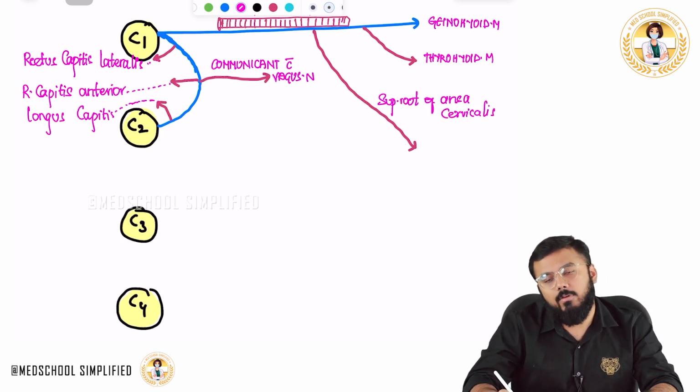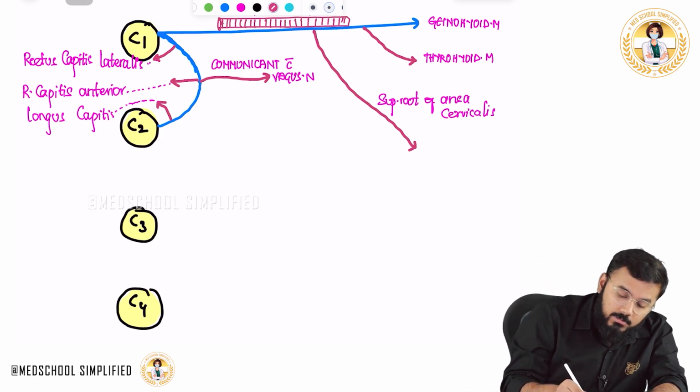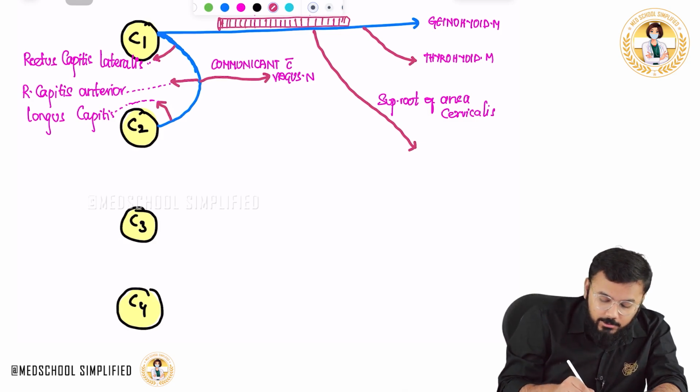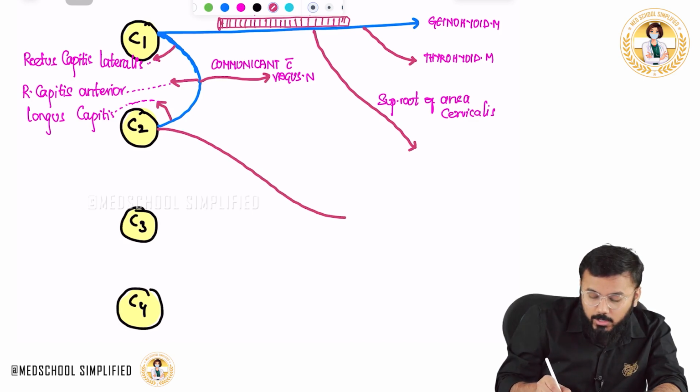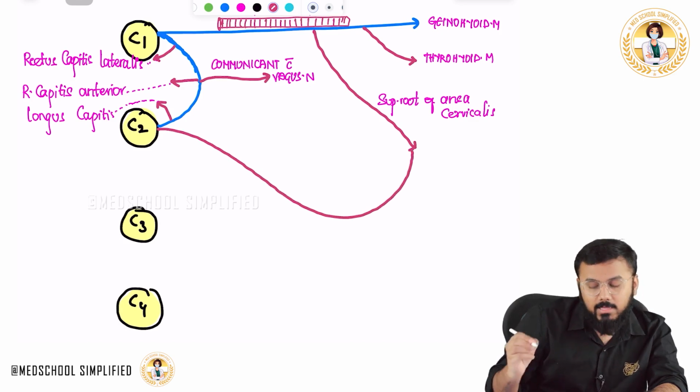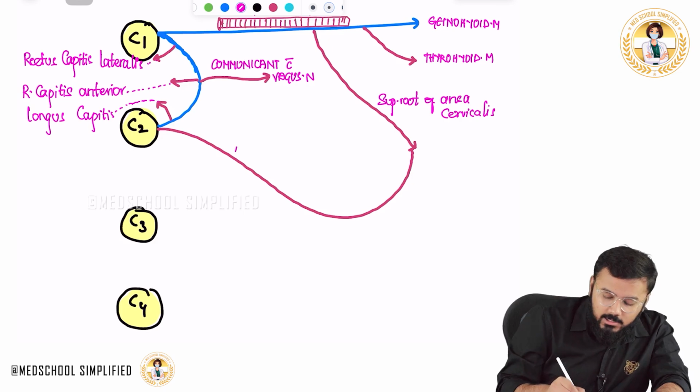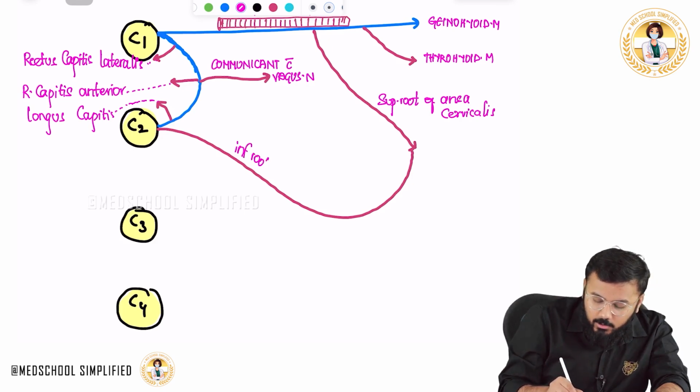This is the superior root of Ansa cervicalis, right? Now from C2 you see another branch, okay? You see another branch that is going and joining the superior root of Ansa cervicalis. So this branch is called the inferior root of Ansa cervicalis.